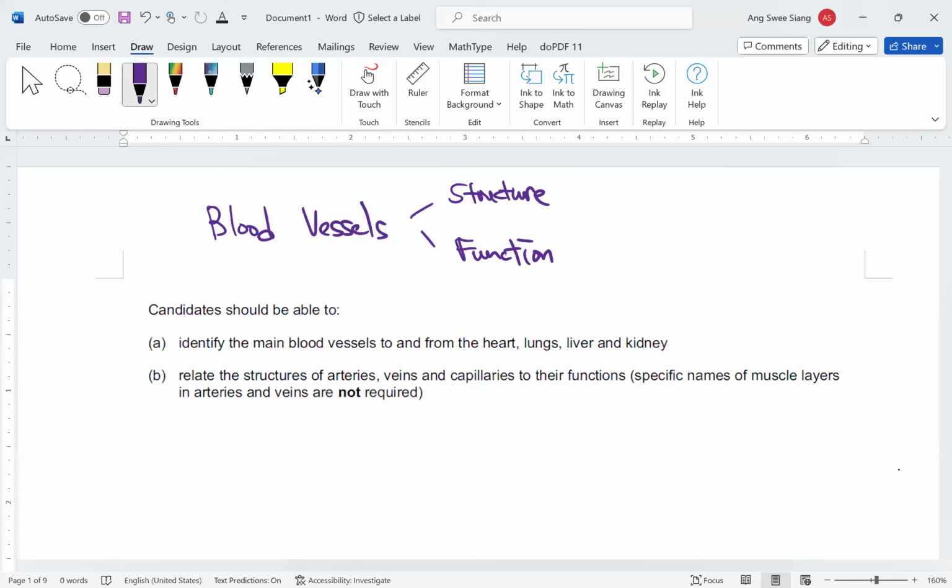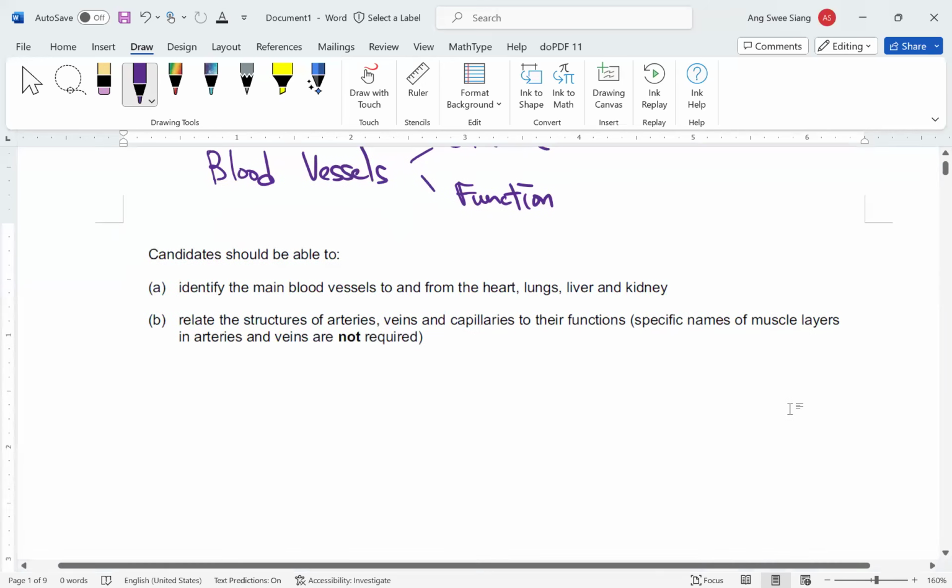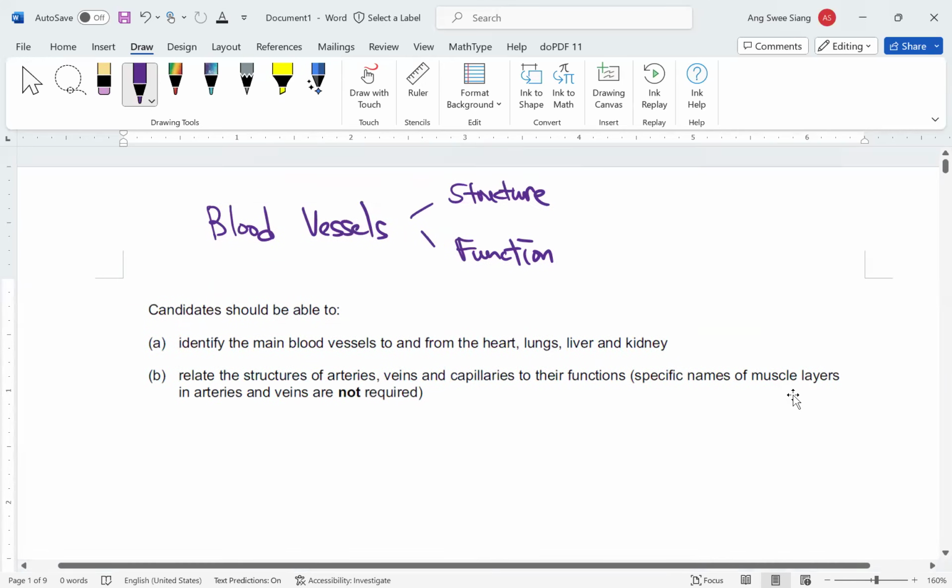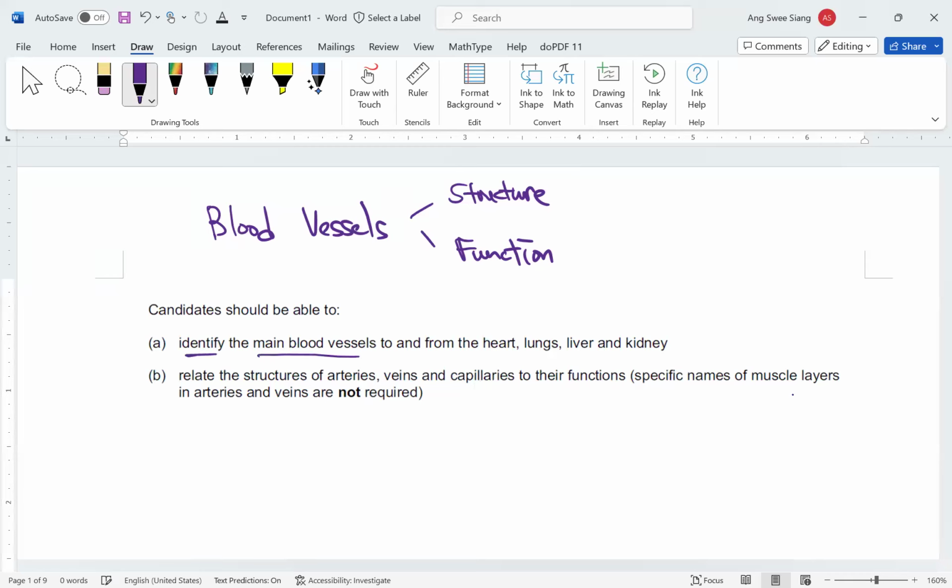If you look at the learning outcome, you can see very clearly there are certain blood vessels you need to know the names of. You are supposed to be able to identify the main blood vessels to and from the heart, lungs, liver, and kidney.